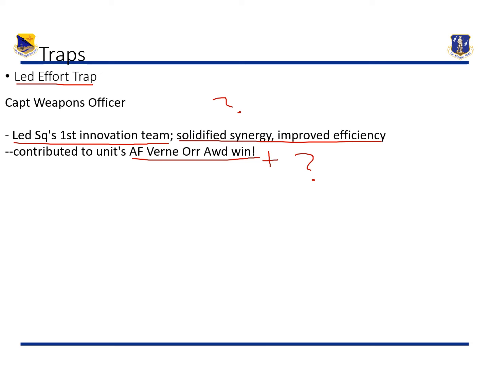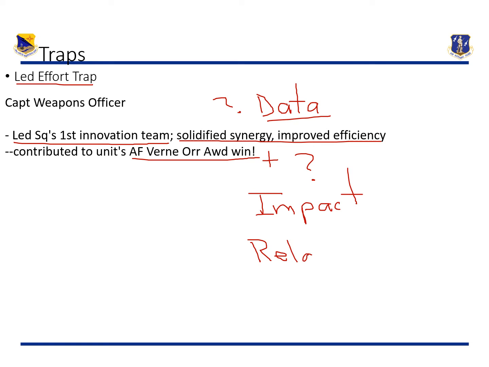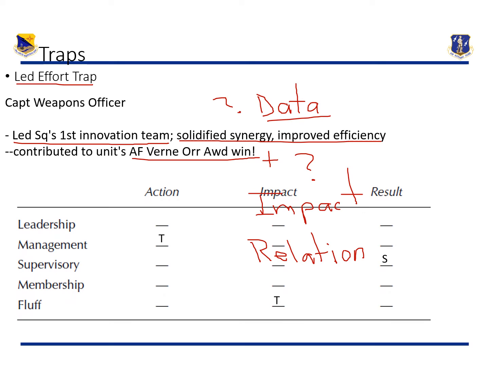Those are critical questions that you need to be asking when you write bullets like this, where we forget what we talked about initially at the beginning of this training: keyword, data. Another keyword, impact. And another keyword, relation to all of those things, right? If we don't see that, then this bullet, in my opinion, doesn't really go too far.